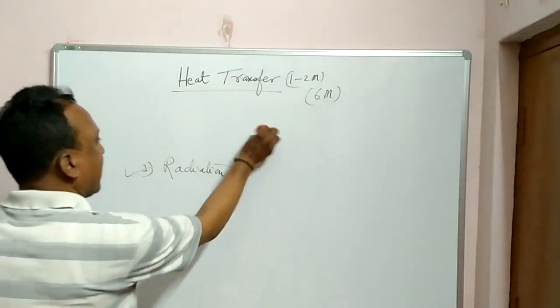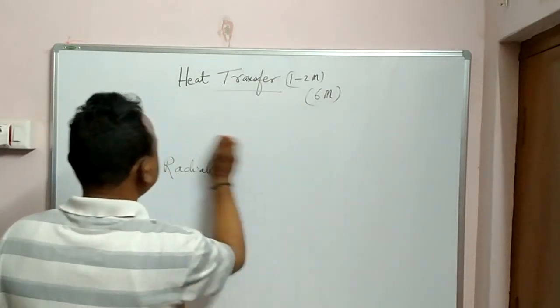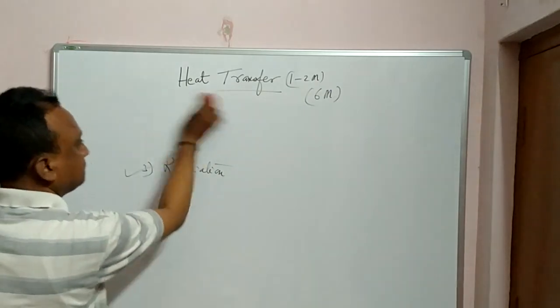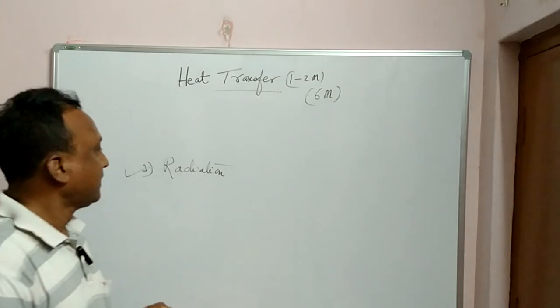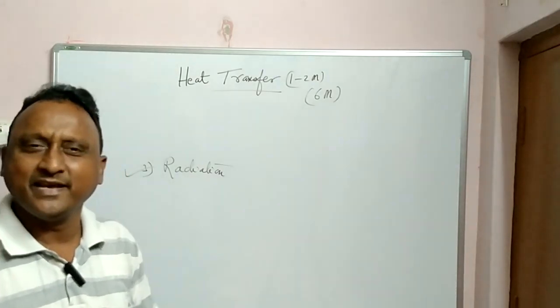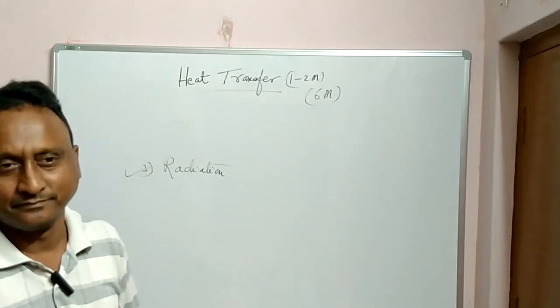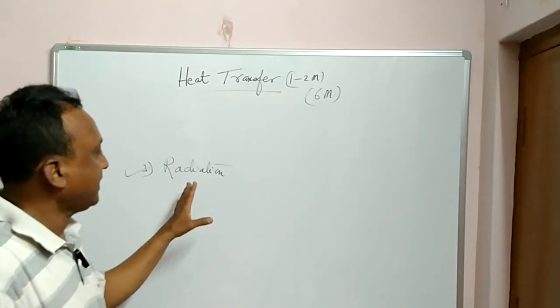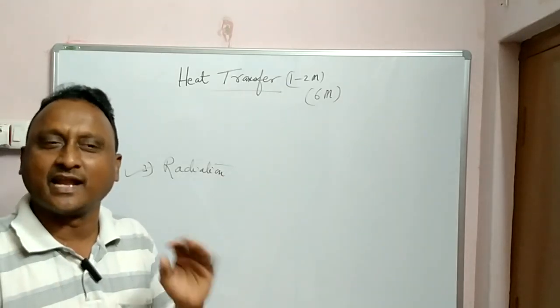Let us see the last method. If you observe carefully, radiation. What is meant by radiation? In the method of radiation, no medium is required. That means heat can be transferred directly, just like sunlight.